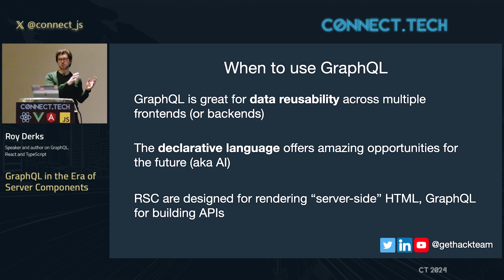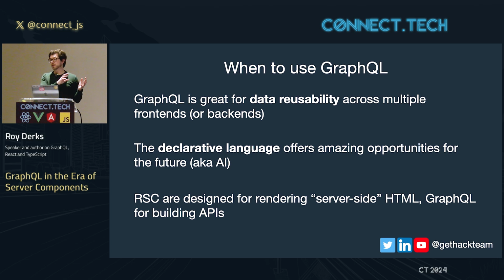It could be front ends, could be backends, where you have a many-to-many relationship between your front-end teams and your backend teams. That's where GraphQL really shines and helps you get the most value. If you have a one-to-one dependency of your backend and your front end, you're probably better off using REST APIs or maybe gRPC, or maybe use React Server components to directly call a database and skip the backend anyway.